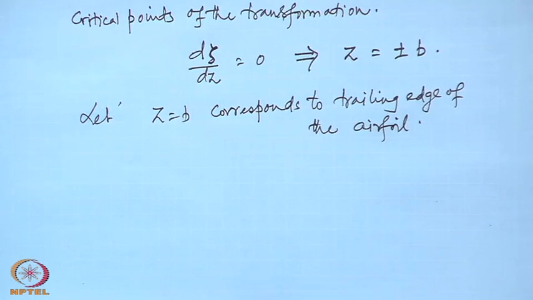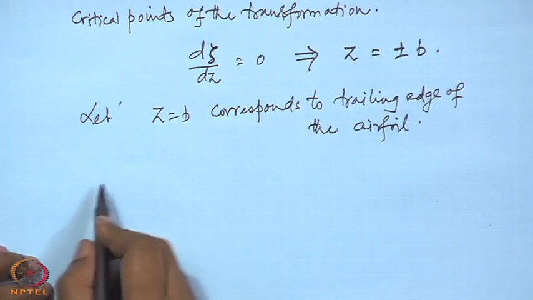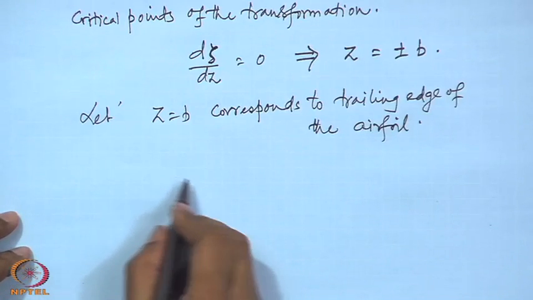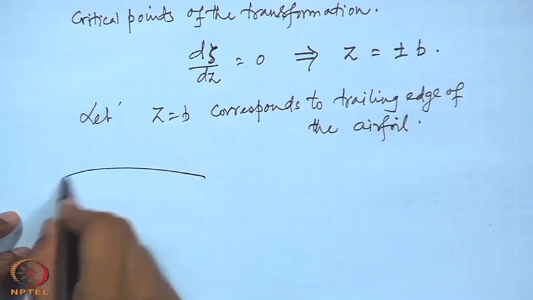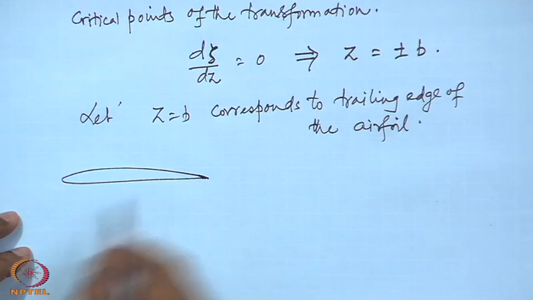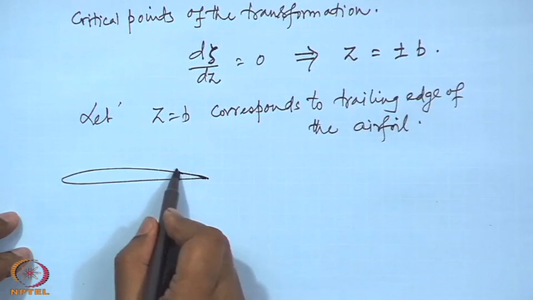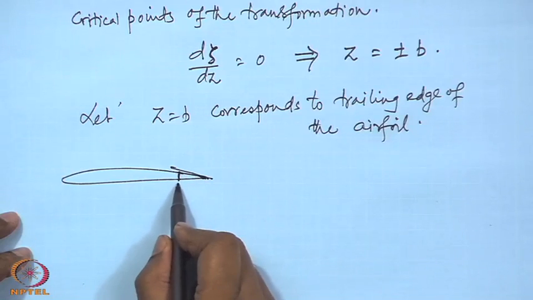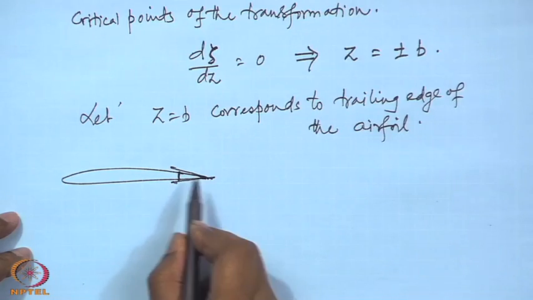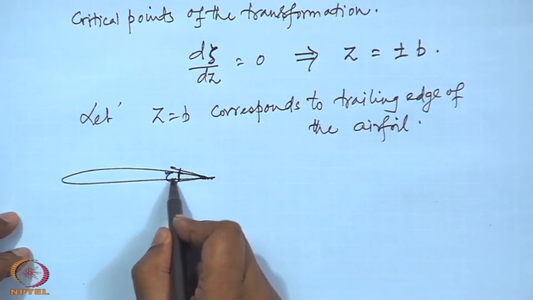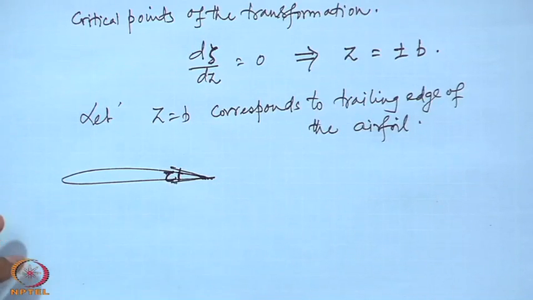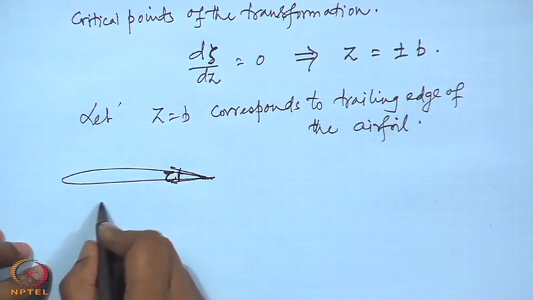So, what is the angle at the trailing edge? Think about these as the two tangents at the trailing edge, and this is the trailing edge angle; we are calling the trailing edge angle tau. How much is this?